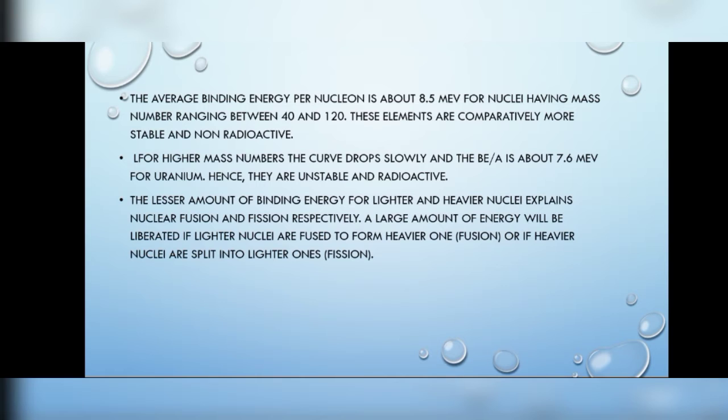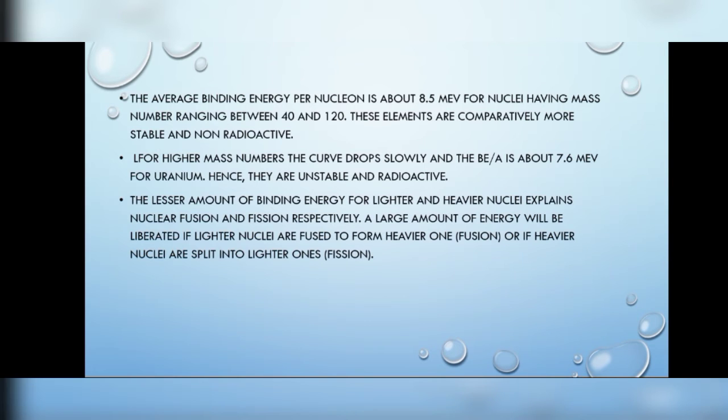The average binding energy per nucleon is also 8.5 mega electron volt for nuclei having mass number ranging between 40 and 120. These elements are comparatively more stable and non-radioactive. For higher mass numbers, the curve drops slowly and the binding energy per nucleon is about 7.6 mega electron volt for uranium.